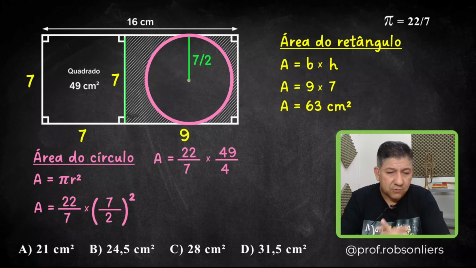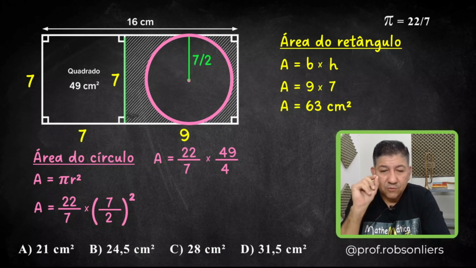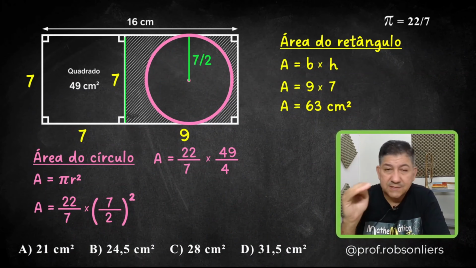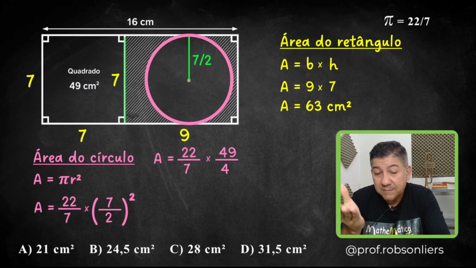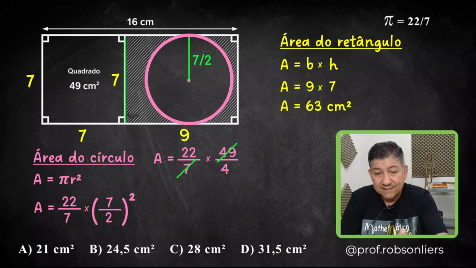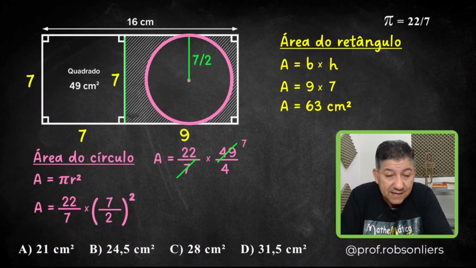Now look how beautiful this is. On top there's 49, right? We have a multiplication of fractions. If we were to multiply normally here, we'd multiply the top by the top and the bottom by the bottom. But on top there's 49 and on the bottom there's 7. Should we divide 49 by 7? 49 divided by 7 is equal to 7.